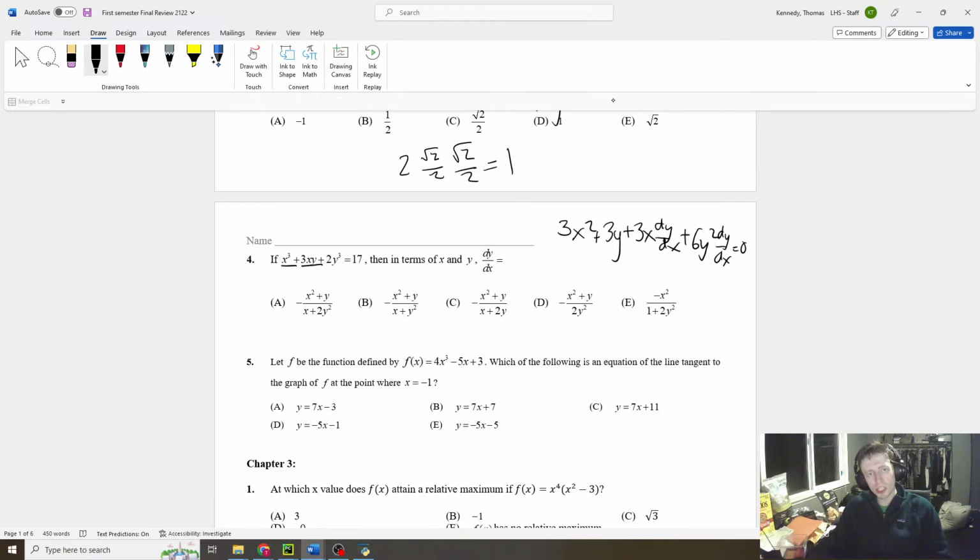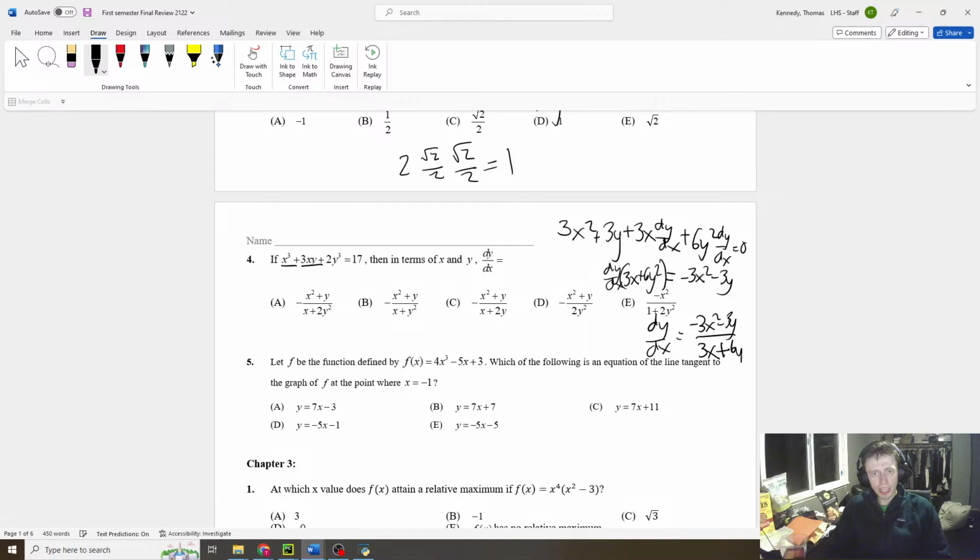And now you just move the terms that don't have dy/dx to the other side. Negative 3x squared minus 3y equals dy over dx times (3x plus 6y squared). And then we divide by 3x plus 6y squared. And we get the answer.